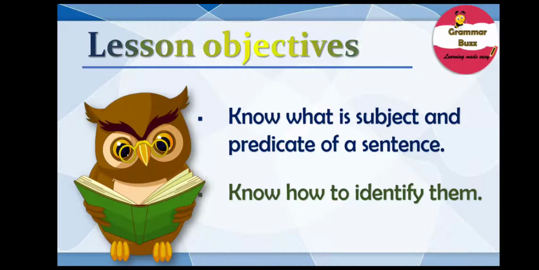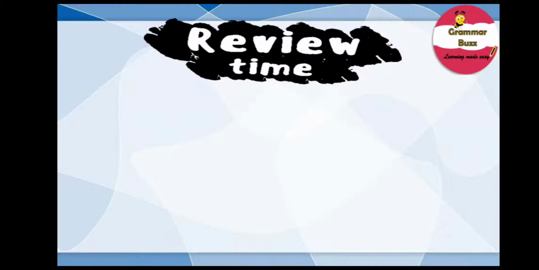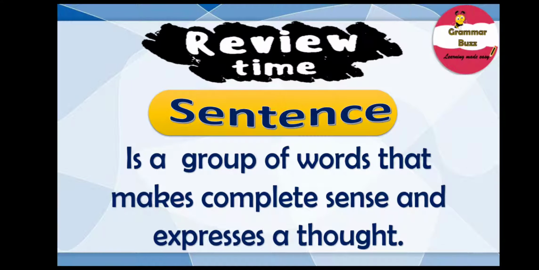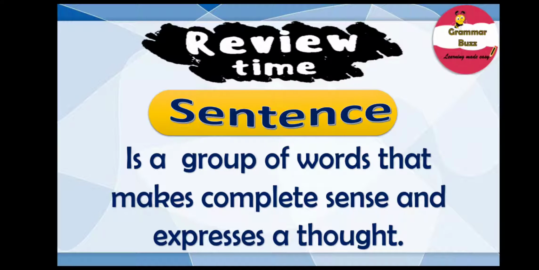But before we do that, it is our review time. Before we get to know about subject and predicate, let us quickly recapitulate what a sentence is. A sentence is a group of words that makes complete sense and expresses a thought.